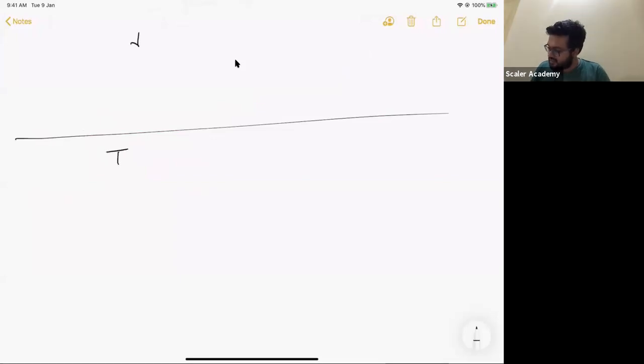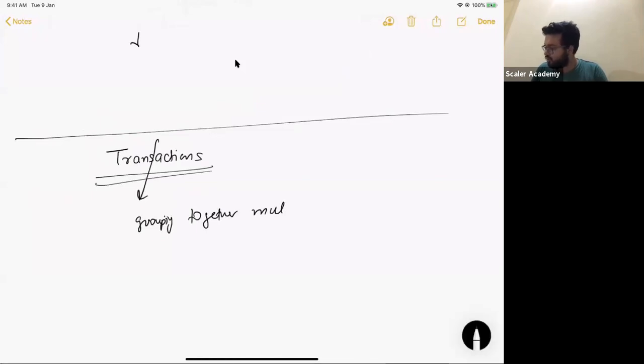The very first thing that we see is transactions. What is a transaction? A transaction is nothing but you grouping together multiple queries in one group.